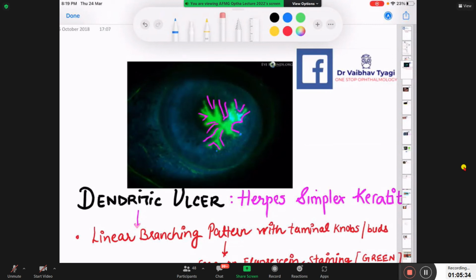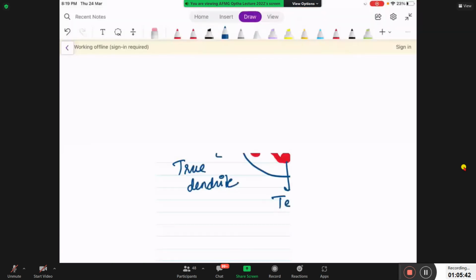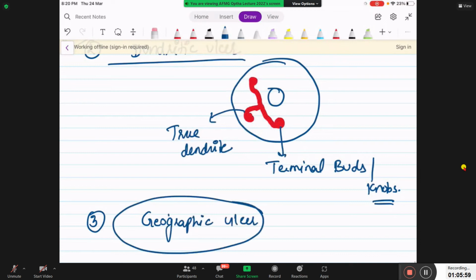This question can be asked as an image-based question also. Now talking about the third subtype of HSV keratitis. The name of the third ulcer is geographic ulcer.